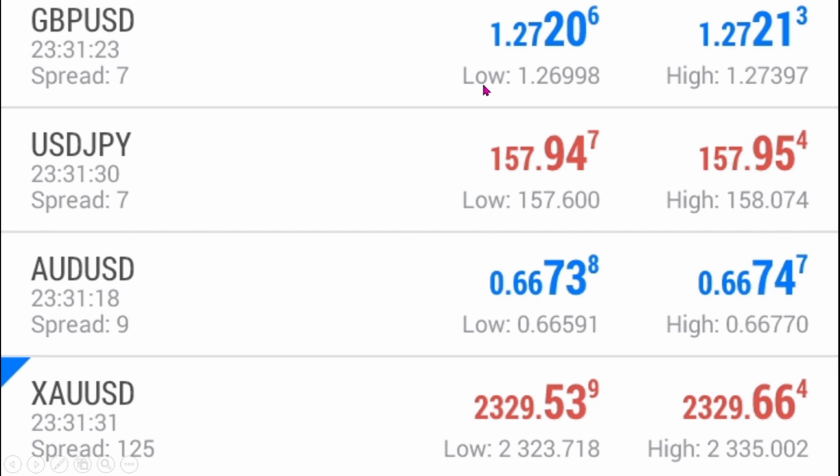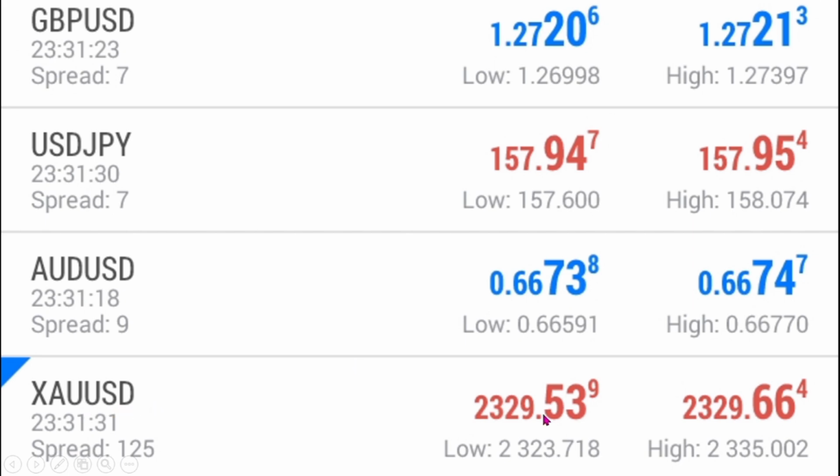So for any currency pair that you are dealing with, you want to understand how the price has been represented. So for instance, you can see for GBP USD, price representation is different from USD JPY, as well as gold. Okay, this is gold. The X is an index, AU is a chemical symbol for gold on the periodic table, and USD is United States dollar.